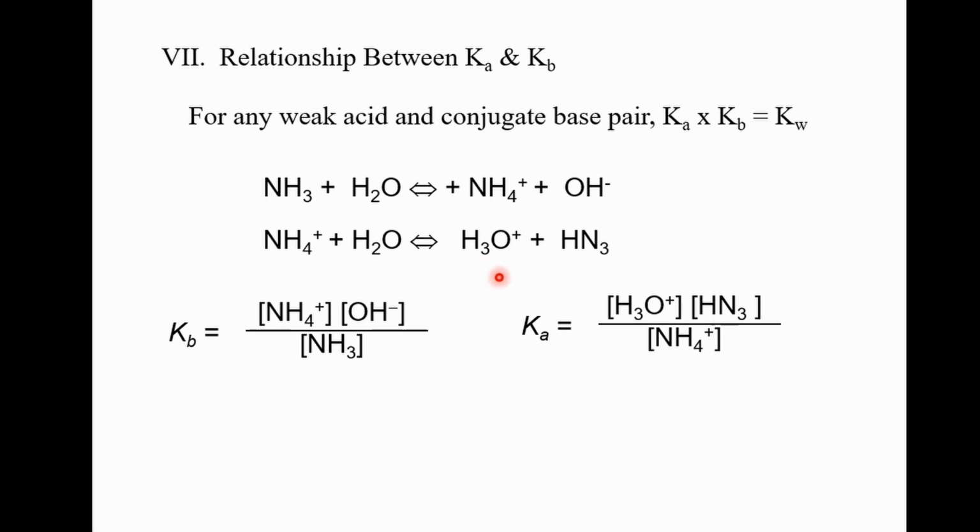And so I can write a Ka expression. I have my hydronium ion, ammonia up top. Down below I have ammonium cation. Just imagine there are little aqueous symbols everywhere. And here for the Kb, this is the new thing we just saw today. Ammonia's down here. Water didn't show up because it's a liquid. So our products are up top and these are down below.